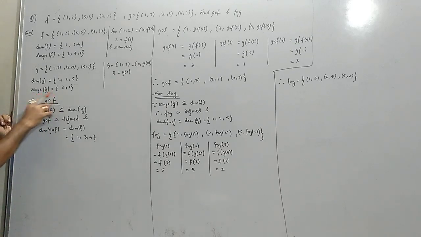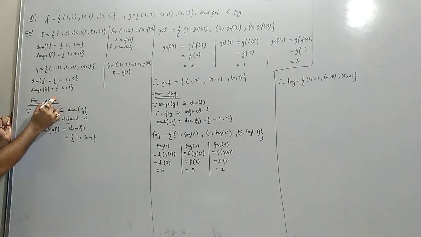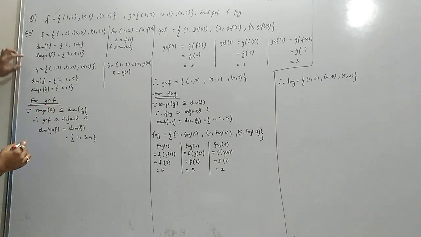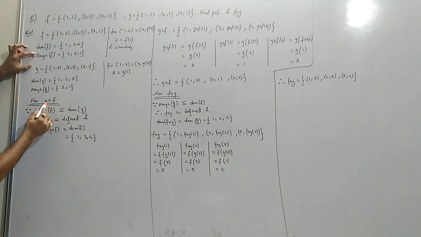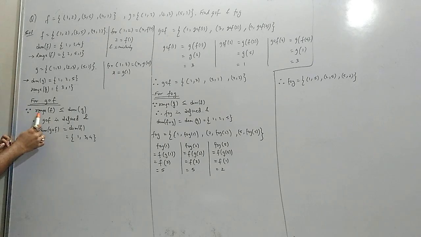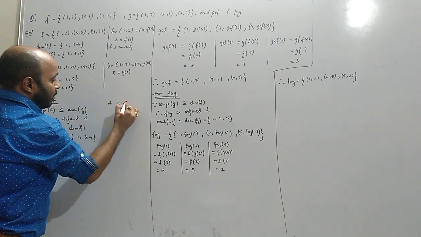Now for proving g of f, we need to show range of the last is a subset of domain of the first. So see the range of f, this is range of f, and domain of g. We have to see whether range of f is a subset of domain of g or not. How to identify a subset? If I say A is a subset of B, what does that mean?